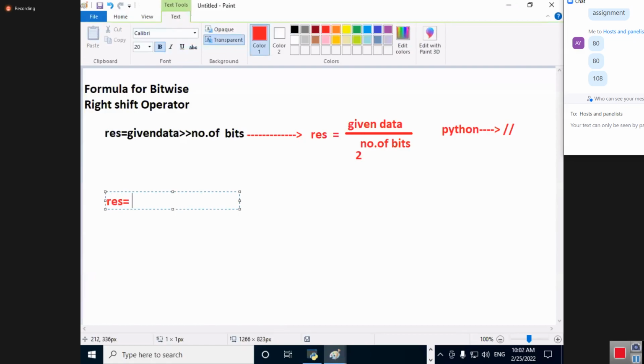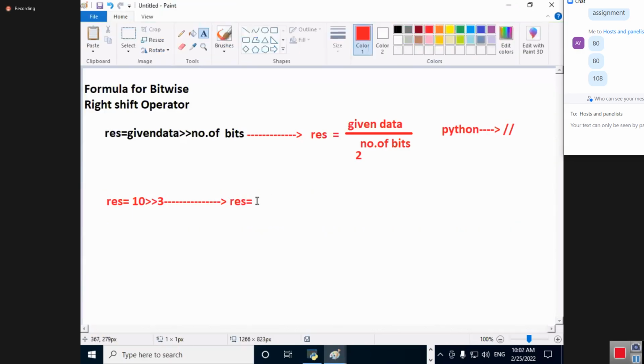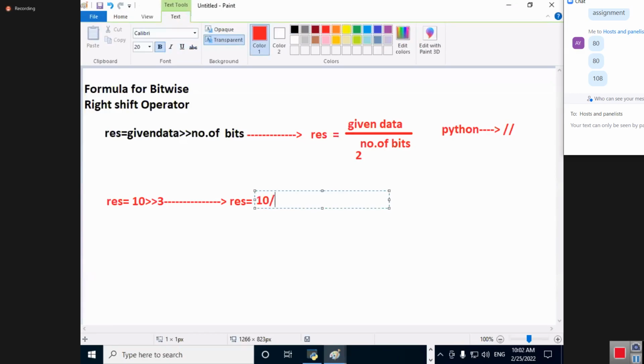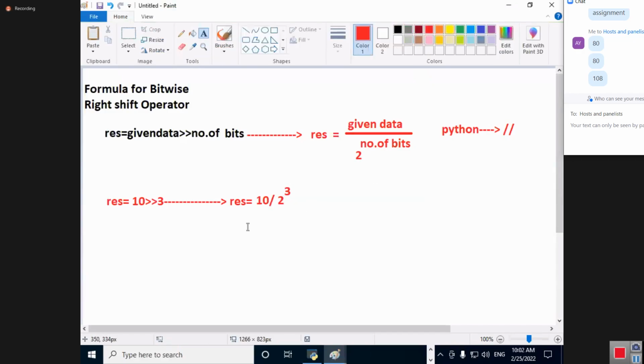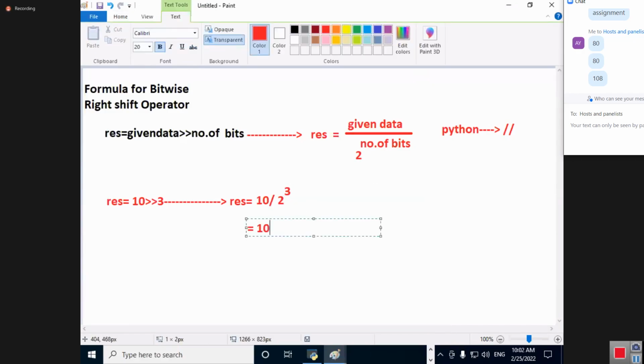RES is equal to, come on students, 10 right shift 3? What is the answer, please? 10 by 2 to the power of 3, which is equal to 10 slash 8.